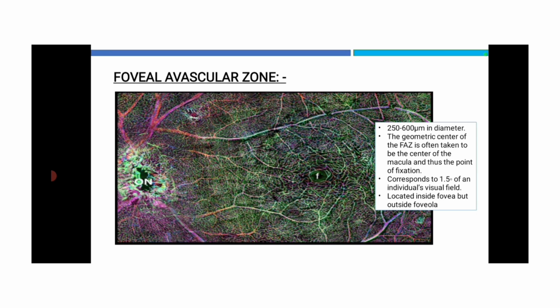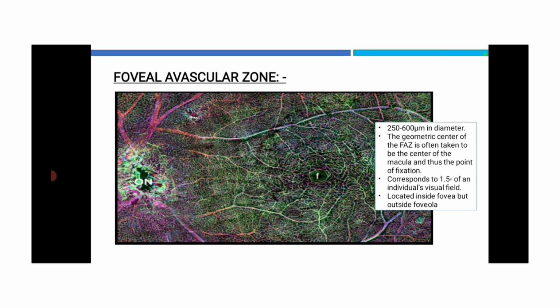Next, we move on to foveal avascular zone, an important structure in the central retina. It has a diameter ranging from 250 to 600 micrometers. Some literature also suggests that the diameter can range from 400 to 700 micrometers.